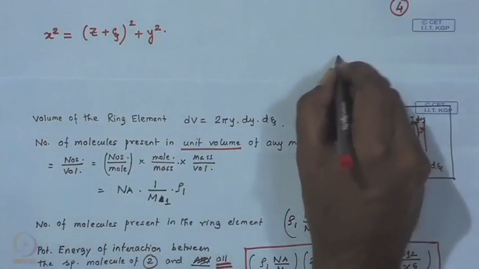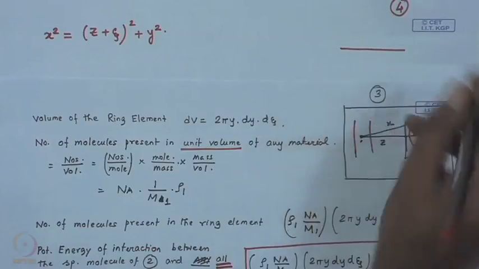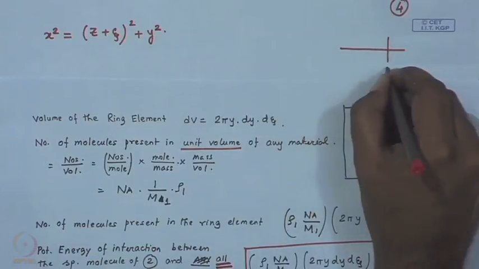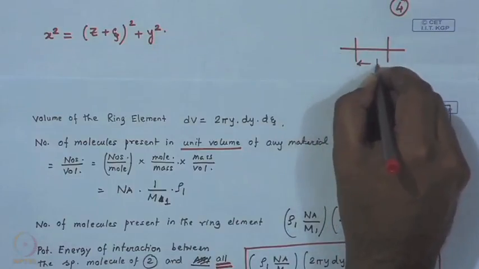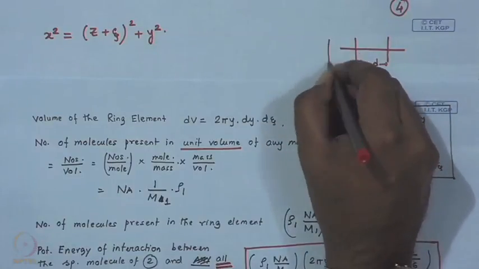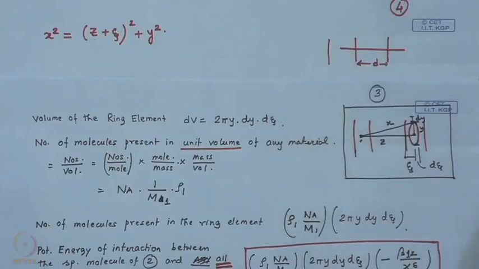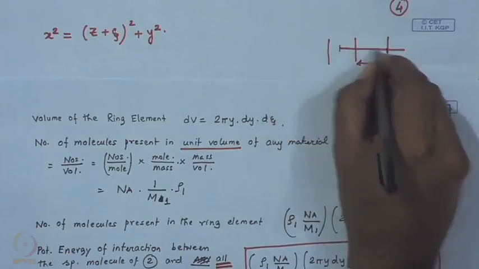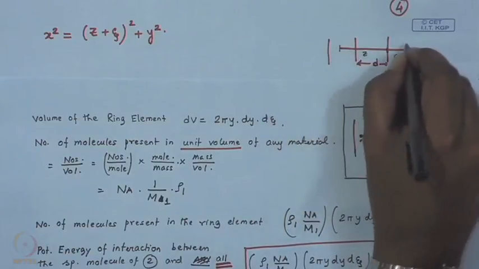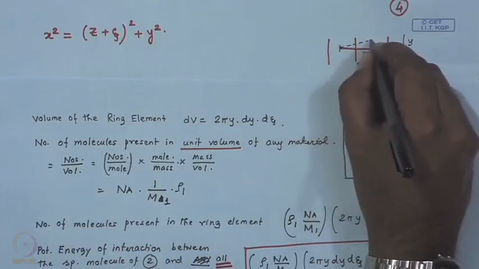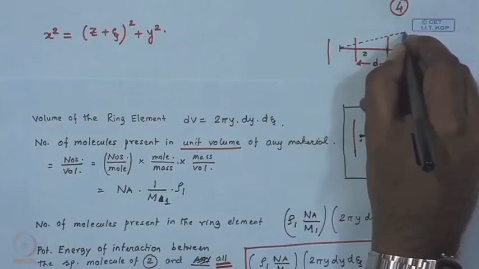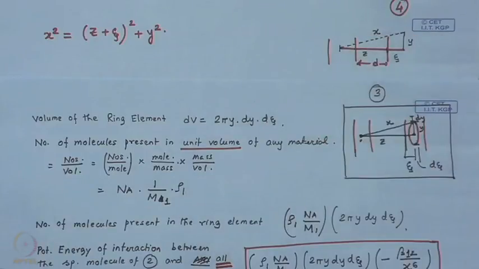This you can write, because the way we have defined our coordinate system, this is the boundary of 1, this is the boundary of 2, this is d, and this distance is z, this is eta, this is y, this is x.